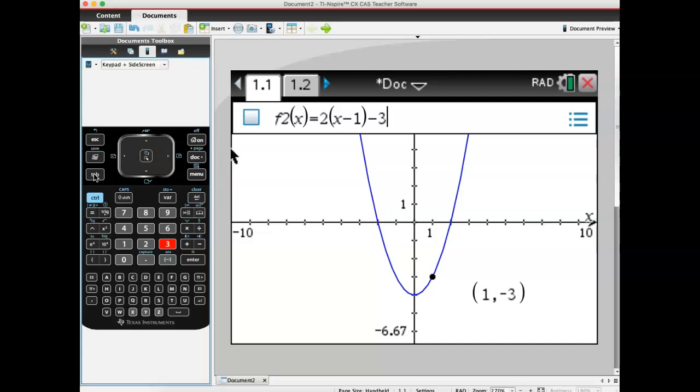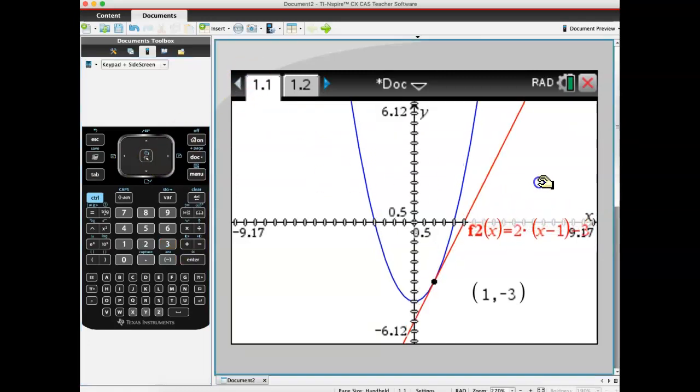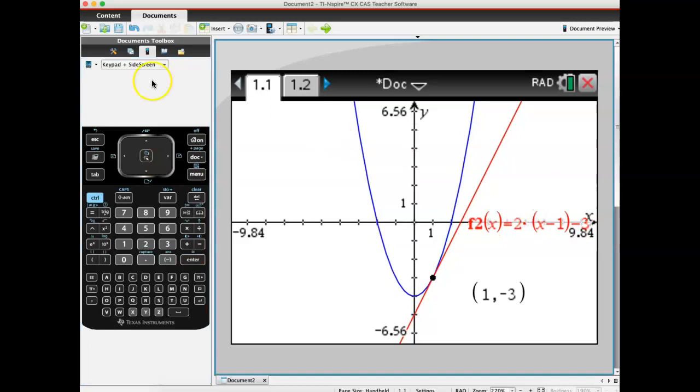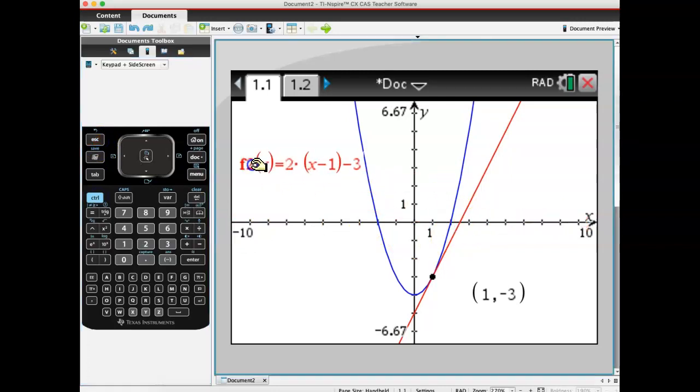There's my equation of my tangent line. Whoa, I don't like that. Go back, get it back where it was.